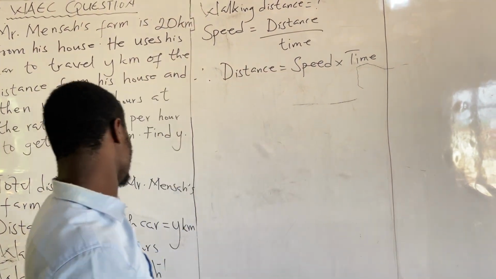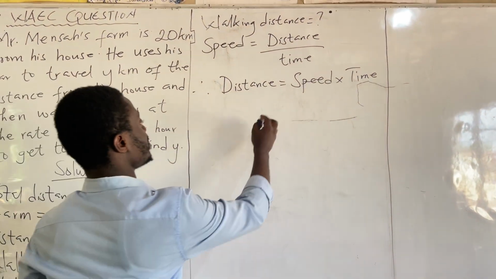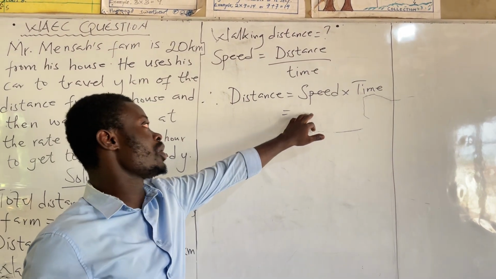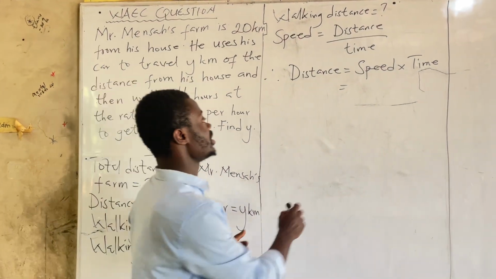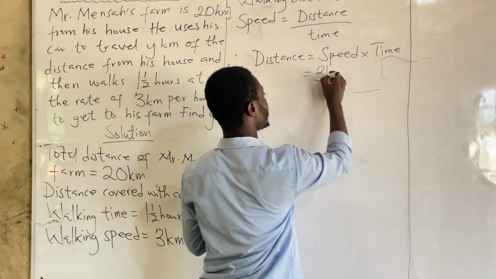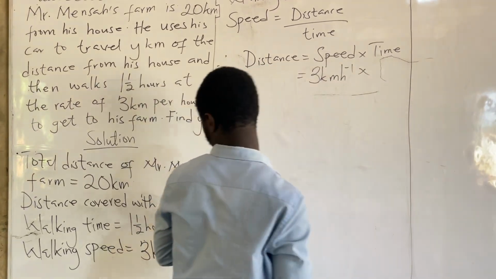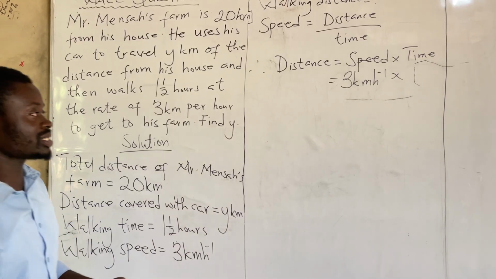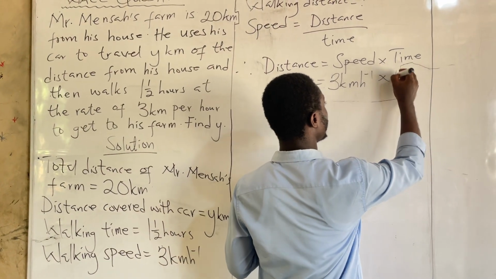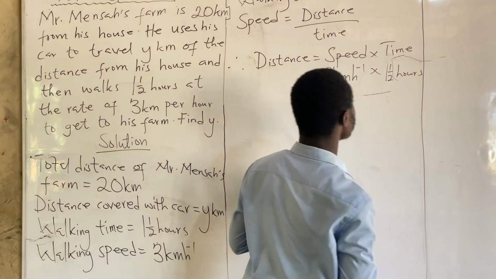Now let's substitute the information into the formula and find our walking distance. The walking speed is 3 kilometers per hour, multiplying the walking time, which is 1 1/2 hours.